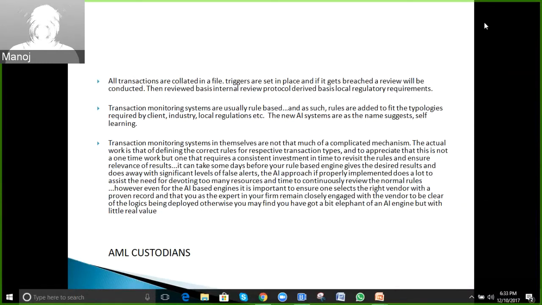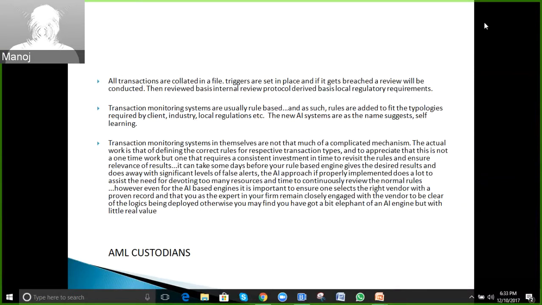Generally, we try to reach out to the RM, because the relationship manager knows what the customer is exactly into. We generally don't try to reach out to the customers because that is tipping off, where we are giving information to the customer that we are investigating the account, and it might lead to SAR filing. The customer may become aware of it, make some changes to his account, and may exit the relationship with the bank.